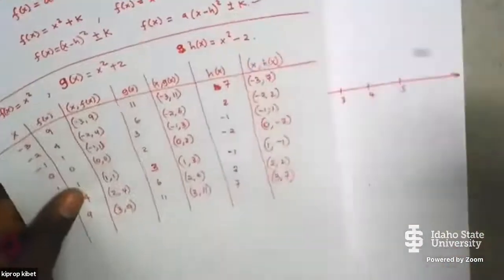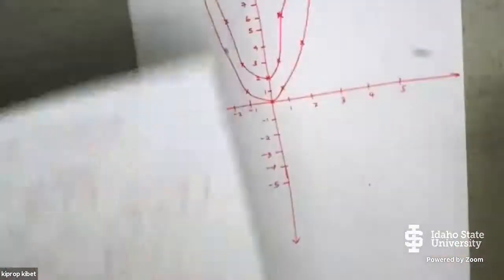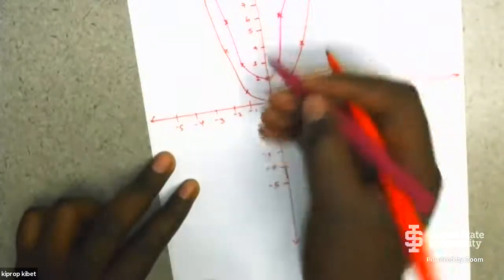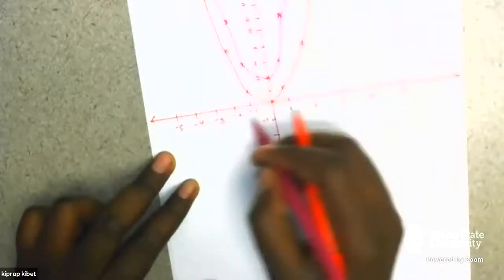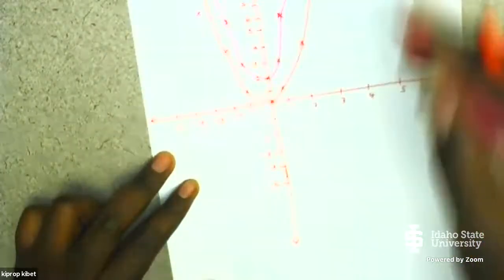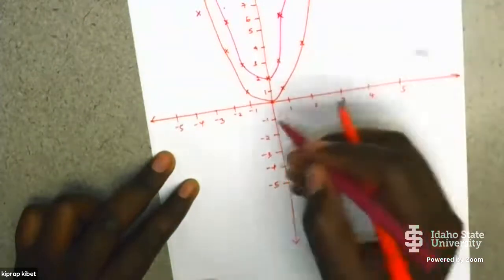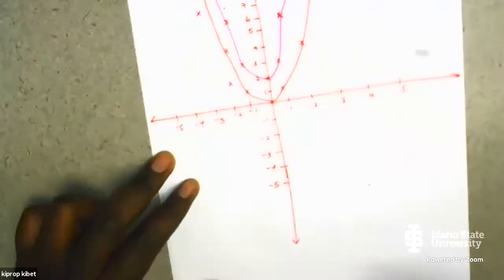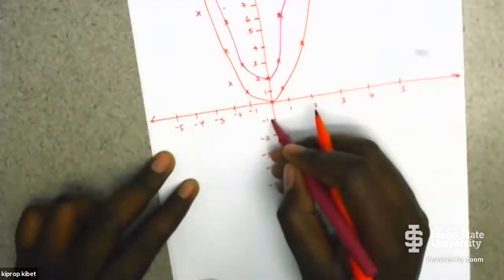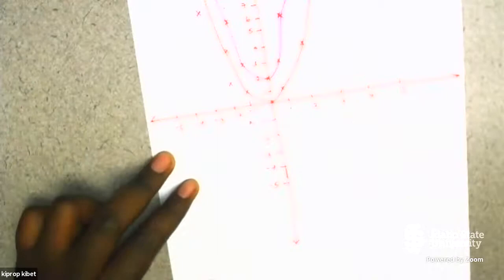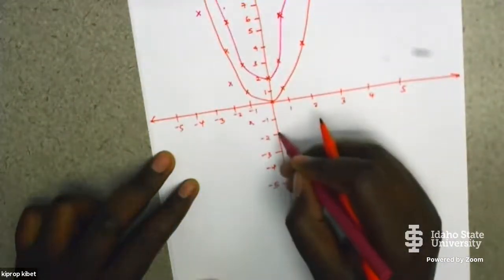So it means this h of x. So we have -3 and 7. -3 and 7 is somewhere here. We have -2 and 2, -2 and 2 is somewhere there. We have -1 and -1, so -1 and -1 is somewhere here. And then we have 0 and -2 is somewhere here.